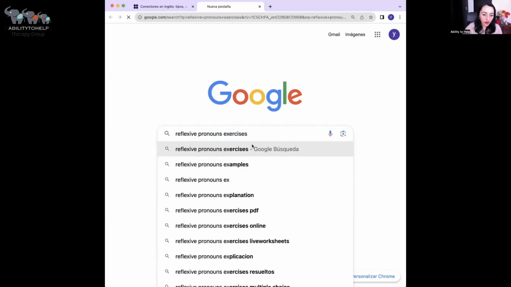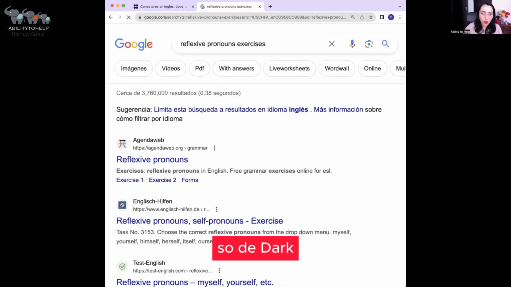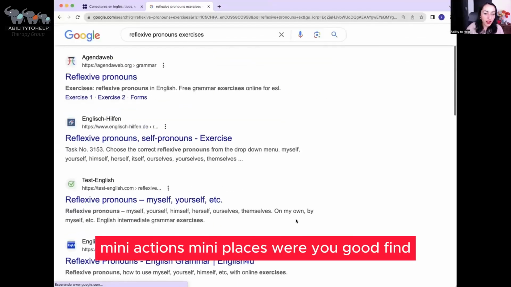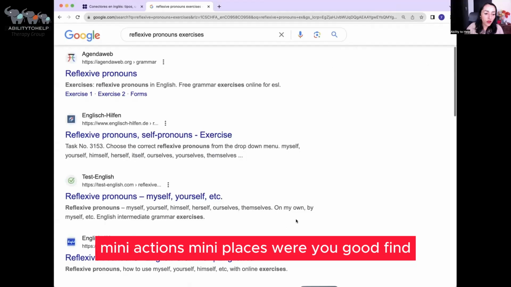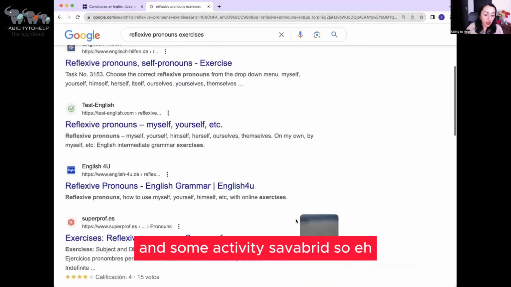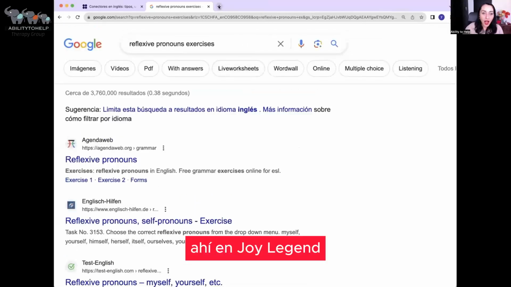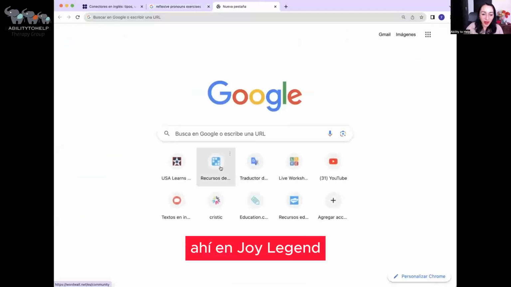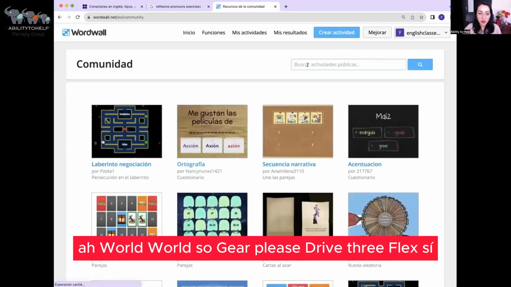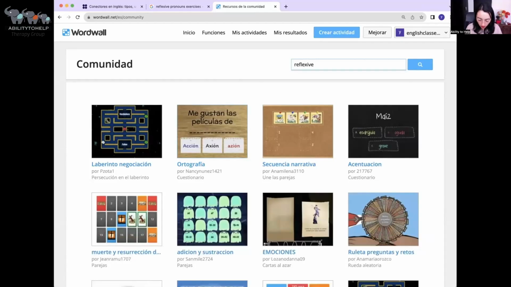Okay. So there are many pages, many places where you could find some activities about it. So I enjoy playing Wordwall. So here, please write reflexive pronouns.